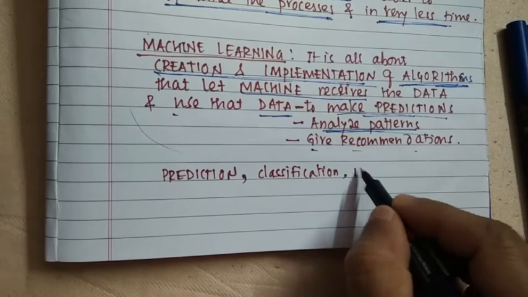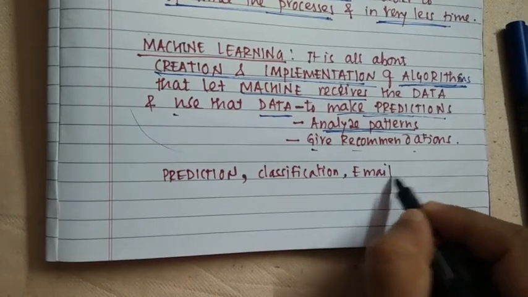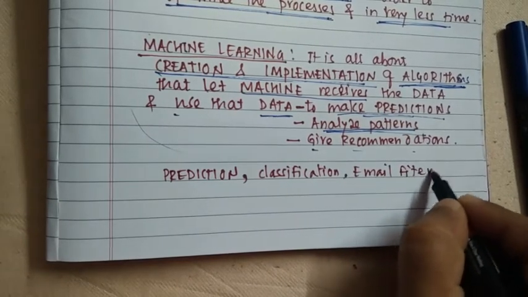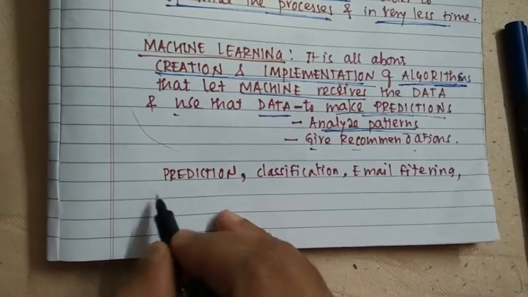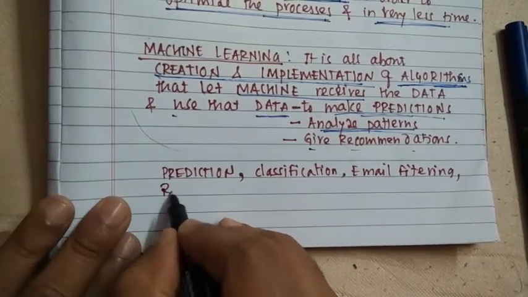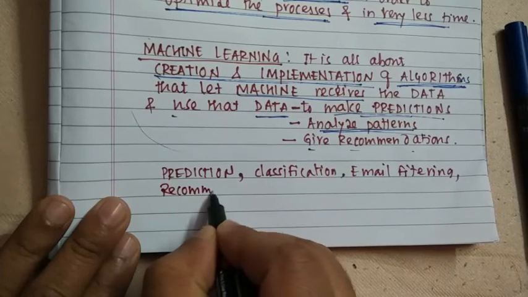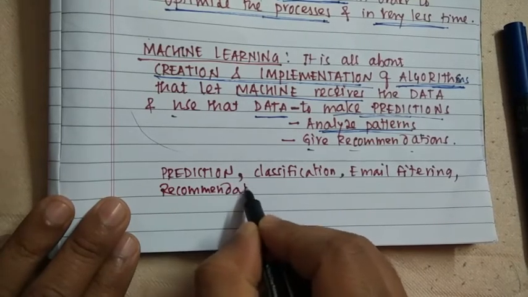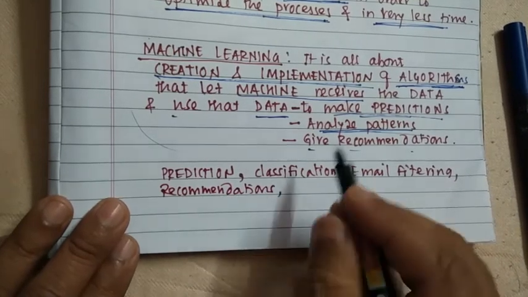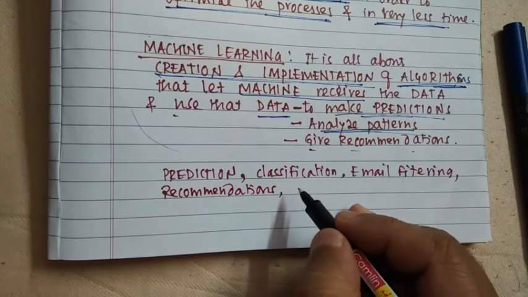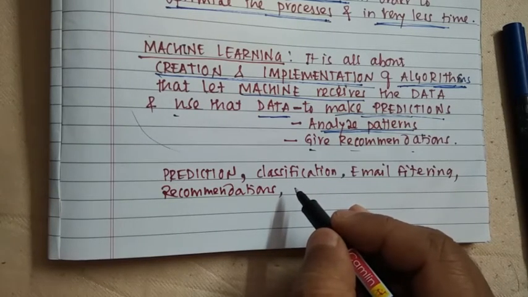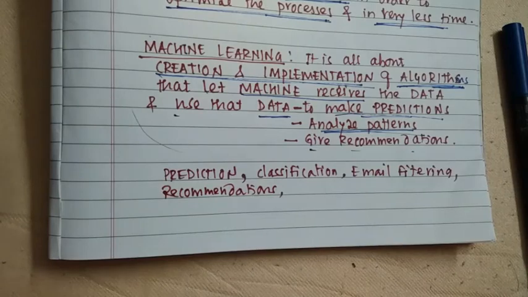It can be used for email filtering, and for recommendation systems, used most of the time by Amazon, YouTube and Spotify to provide recommendations.